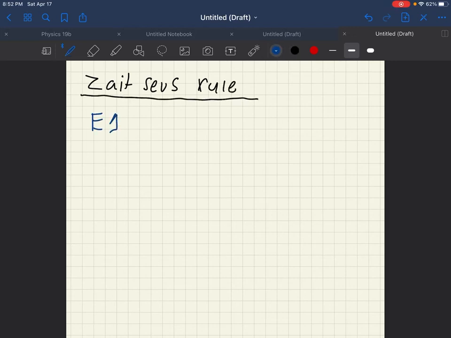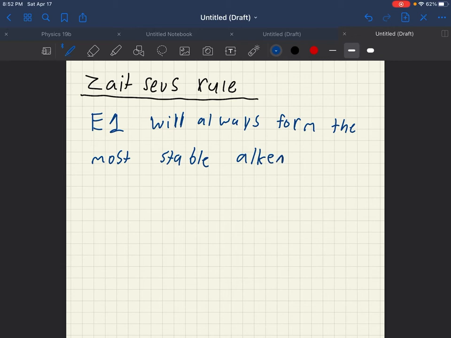E1 will always form the most stable alkene possible. E2 prefers to follow Zaitsev's rule.